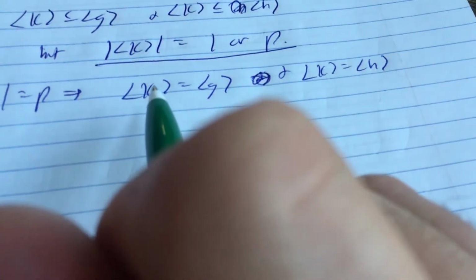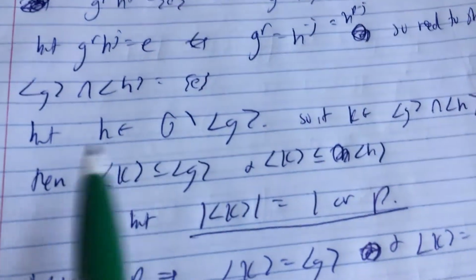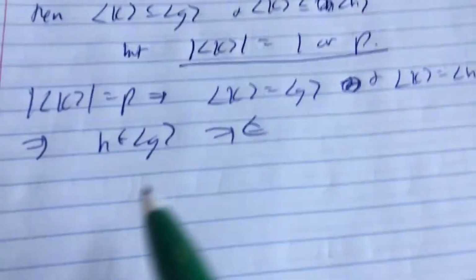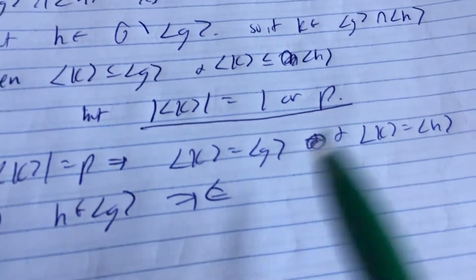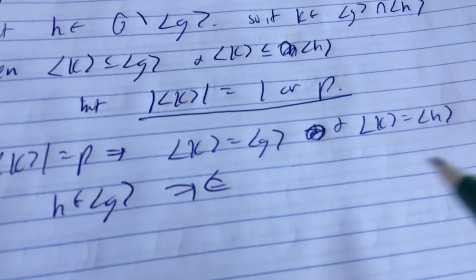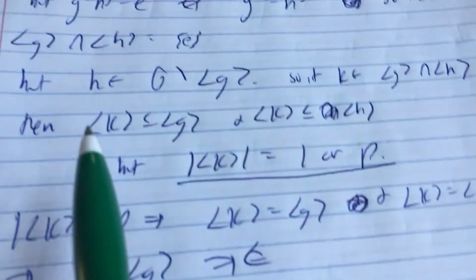So if this is order P, then it's living inside this thing of order P, and inside this thing of order P, and that would imply that H is in the group generated by G, and that is a contradiction, right? That contradicts exactly how we chose H. So if this thing were to have order P, you would force H and G not only to intersect non-trivially, but to be actually equal. And we chose H to exactly force that not to happen.